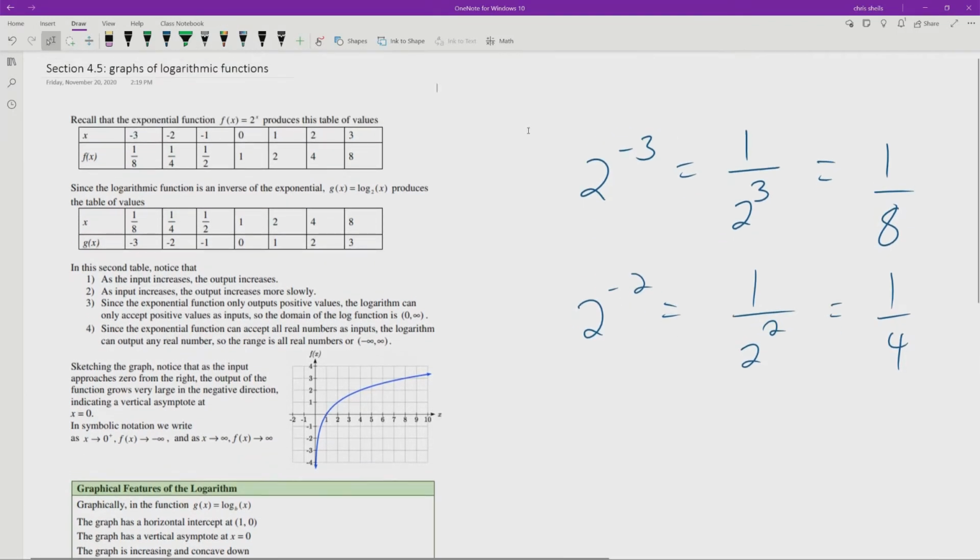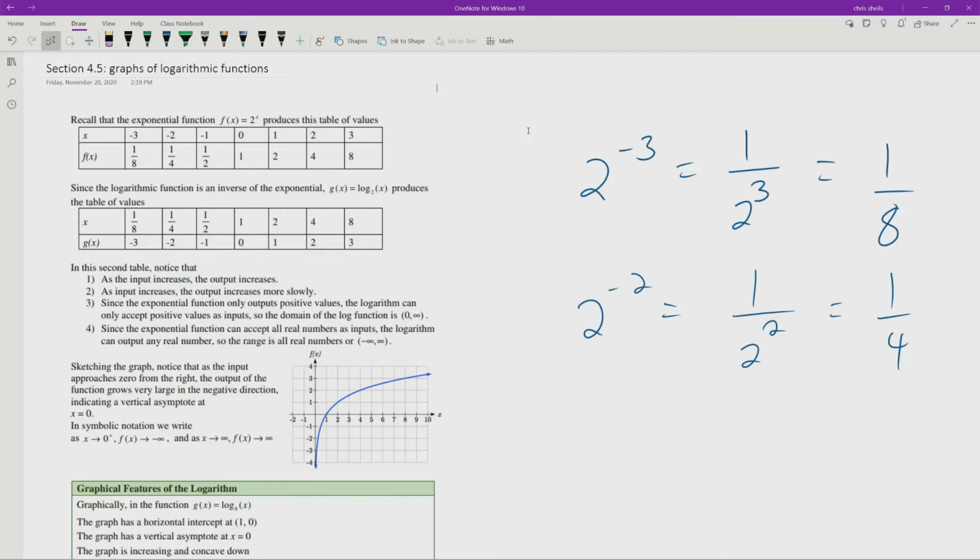So it's going to produce this table of values, where notice that the table of values for log base 2 of x is the table of values for f of x equals 2 to the x power, but I've swapped the x and y's, right? Because if I find an inverse of a function, that means that I'm swapping the domain and the range of that function.